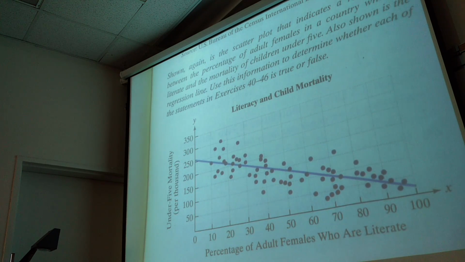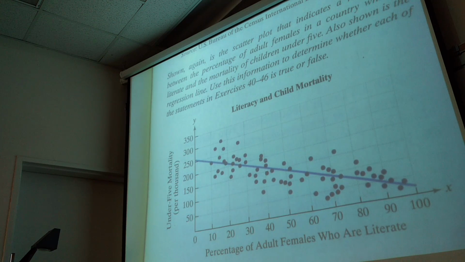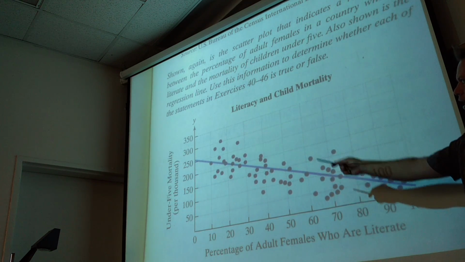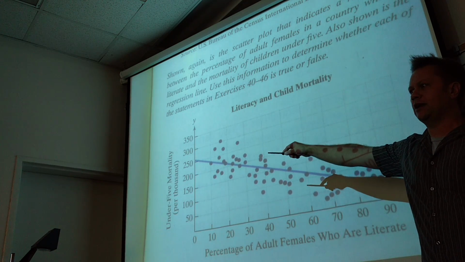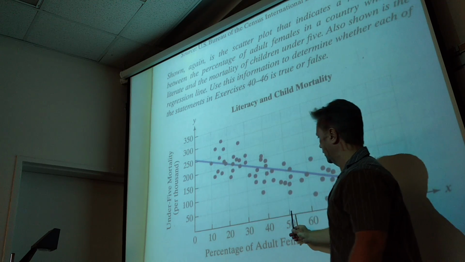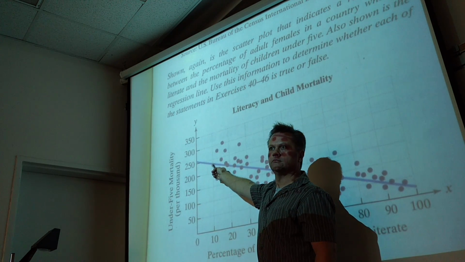42, the country with the least percentage of adult females who are literate has the greatest under 5 mortality. Is that true? The country that has the least adult females who are literate, do they have the highest infant mortality rate? So let's see, the lowest adult female literacy is right there.